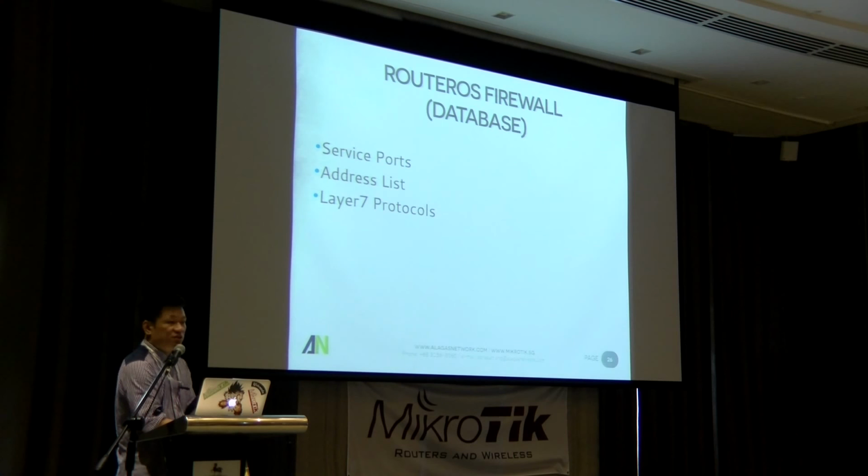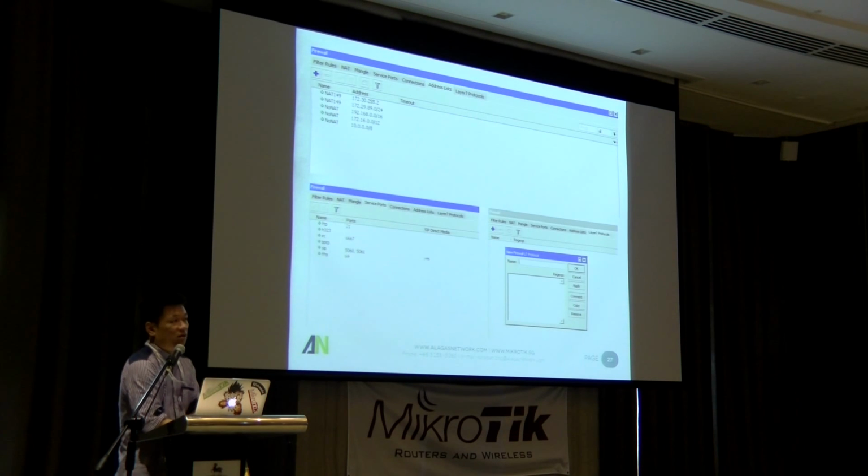That's for the address list, and this RouterOS firewall also supports layer 7 applications. There are layer 7 protocols where you use a regular expression to find out the regex of a particular application, like peer-to-peer. You find out the regex, record it, and add it into this database.